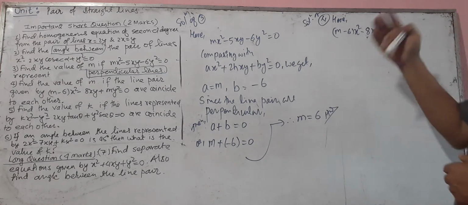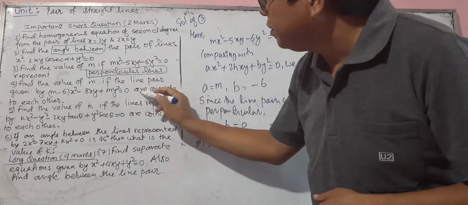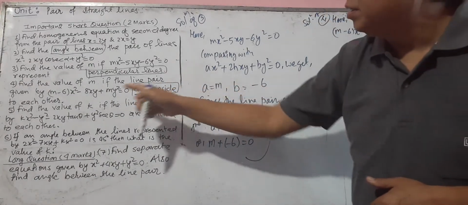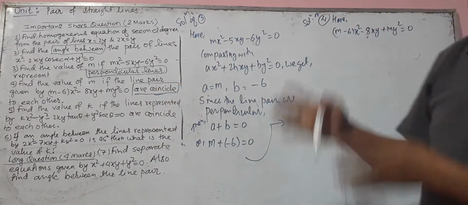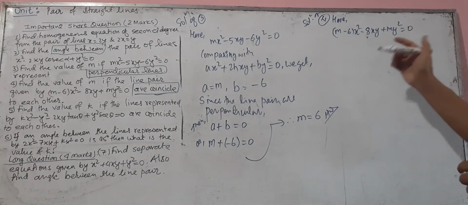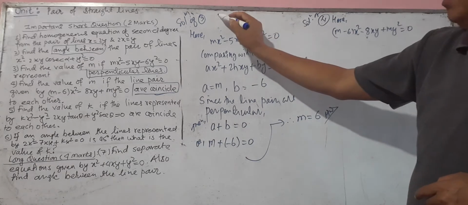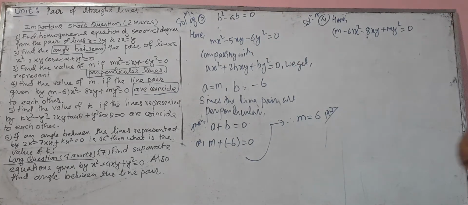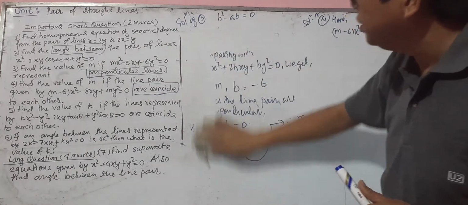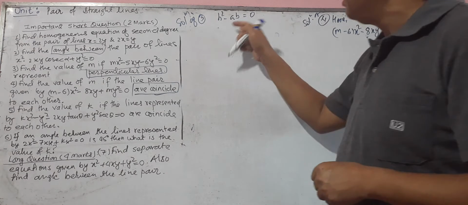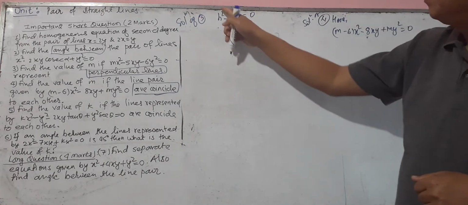Now remember what is the condition of coincidence? When the lines are coincident, they coincide with each other, the line pair are identical. So the condition of coincidence is h square minus ab equal to 0. So the two lines are coincident if h square minus ab equal to 0.